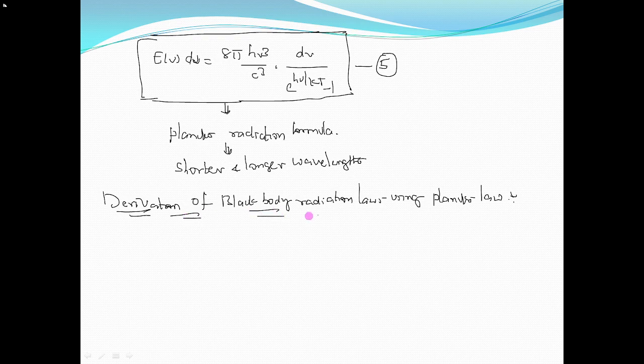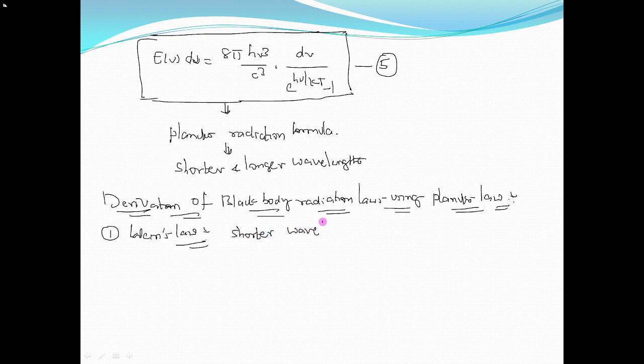Now let us see the black body radiation laws from Planck's law. First one is Wien's law. We know that Wien's law holds good for shorter wavelengths.